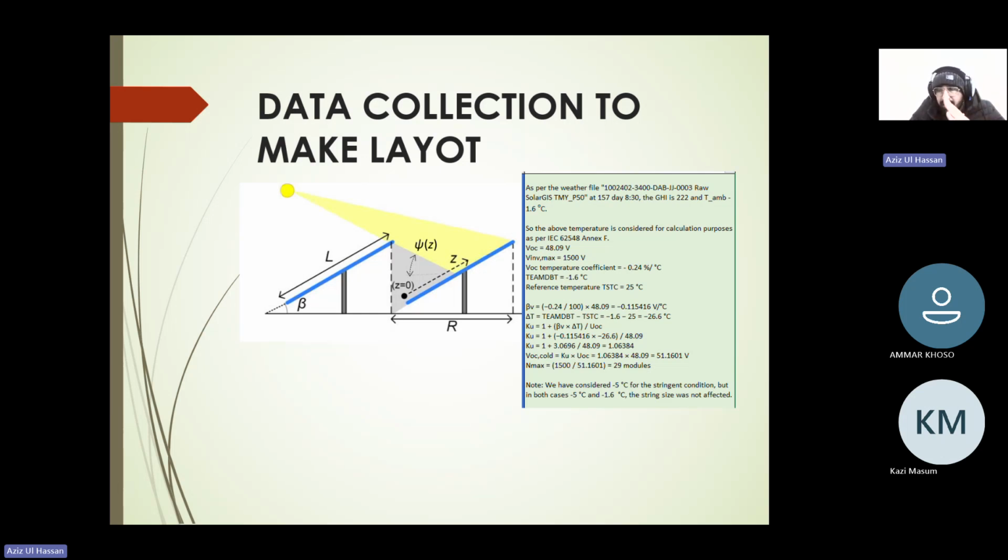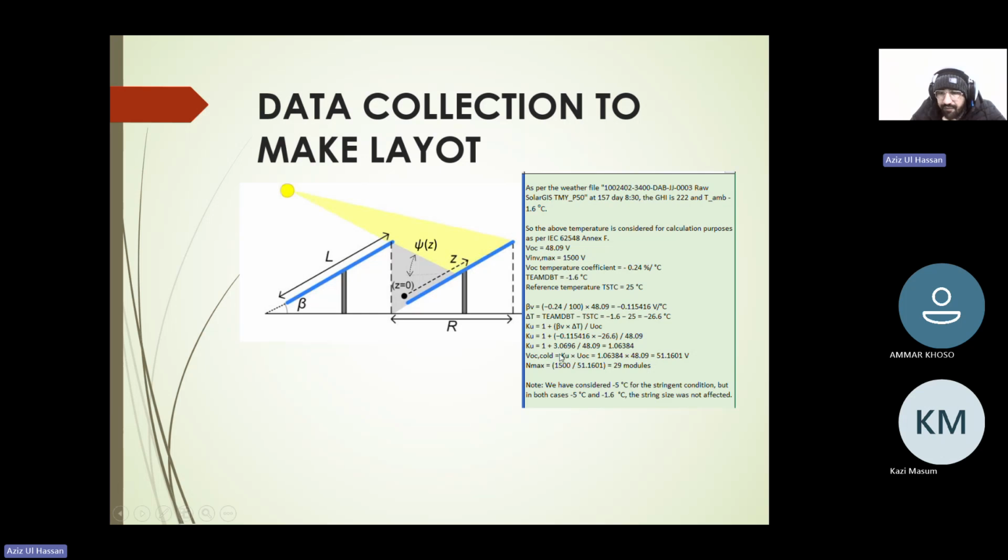But if the temperature goes up from 25 degrees, your voltage will go down. They are inversely proportional to each other. So when the temperature is at its lowest at the site, you have to check whether your voltage is okay for the number of PV modules connected in one series, or whether we have to decrease or increase the number of PV modules.